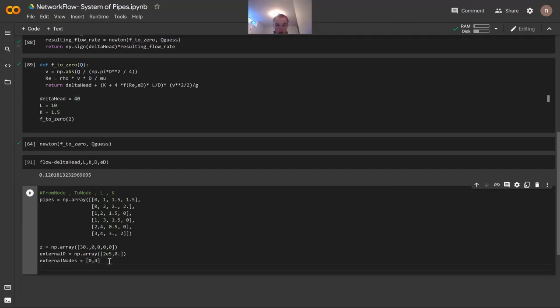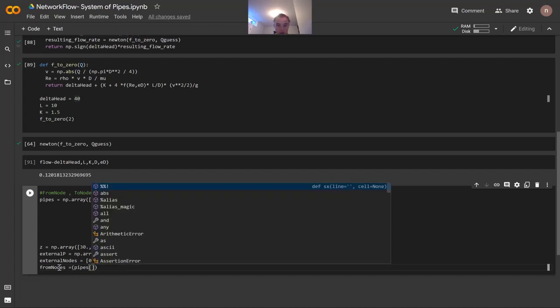We need our from nodes, our to nodes, our lengths, as well as our fittings. Our from nodes will be in our pipes array. We know that this will be in the first column, but Python indexing starts from 0, so we need to grab it from the technically 0 column.